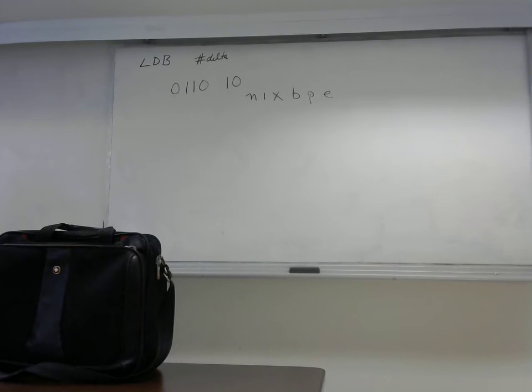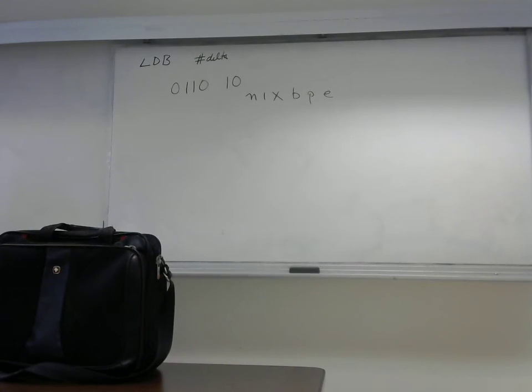So look at line number 9, the at beta. That's indirect mode, at beta. What that means is located in memory at address beta is another address that you're going to read and go there to get the contents of memory. All right, so it's not indirect. There's no @ sign in front of it.